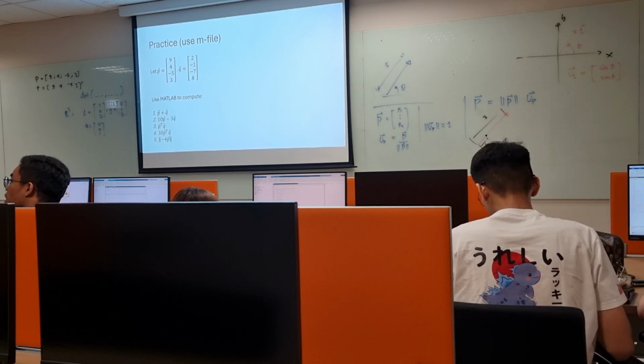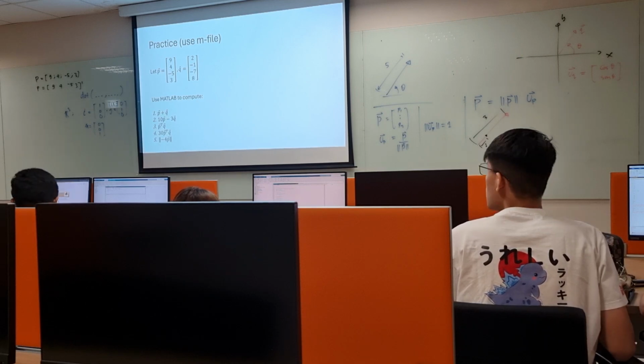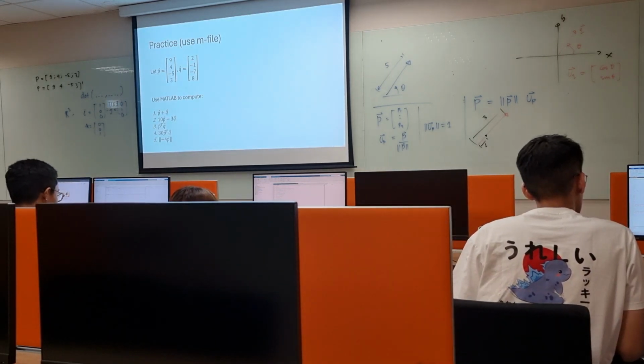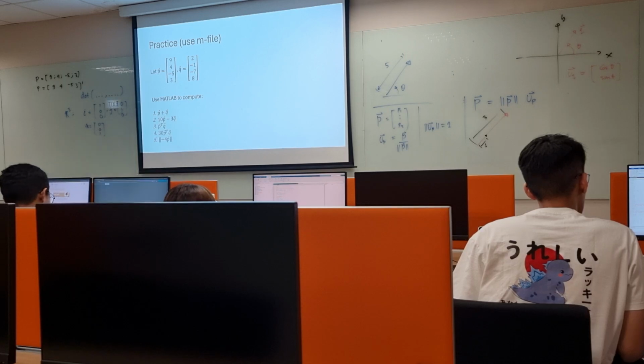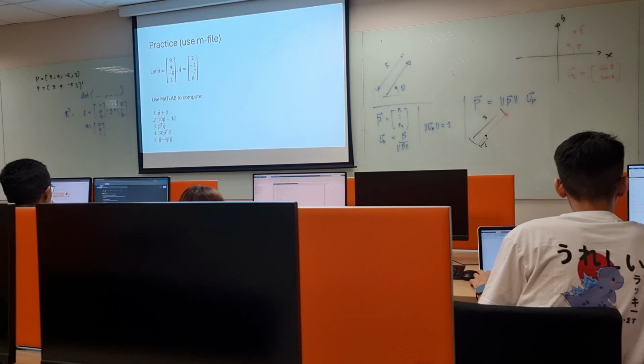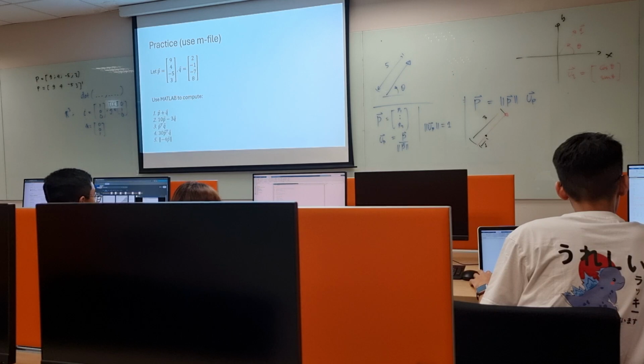It's P transpose times Q. So numbers 3, 4, 5, the result is scalar.